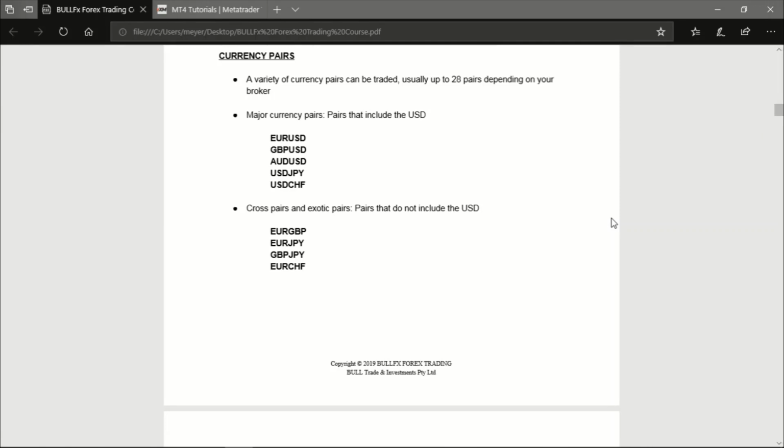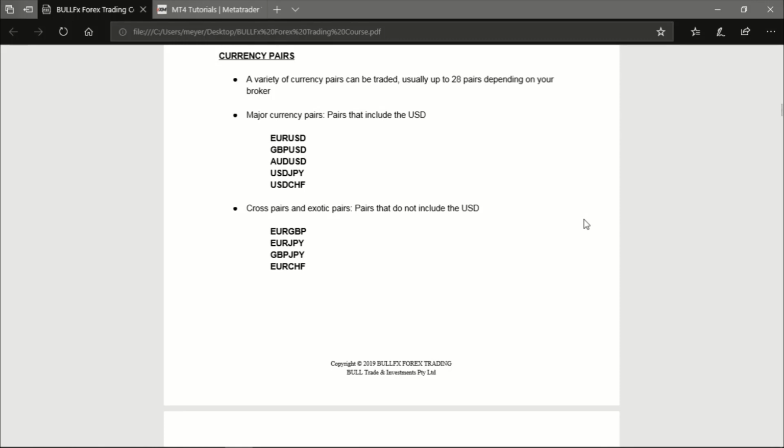Currency pairs. A variety of currency pairs can be traded, usually up to 28 pairs depending on your broker. So like we explained with the Euro USD currency pair, there are many various other currency pairs as well.